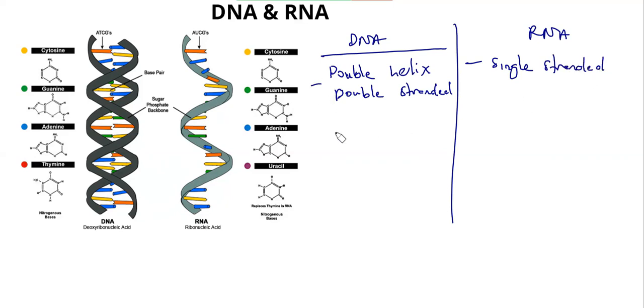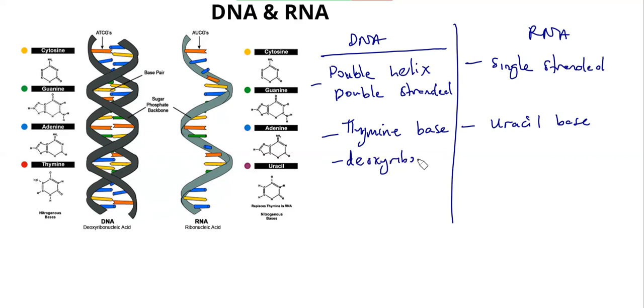Then we have thymine base present here, and here we have uracil present there. Also, DNA has deoxyribose sugar, and here we have ribose sugar.